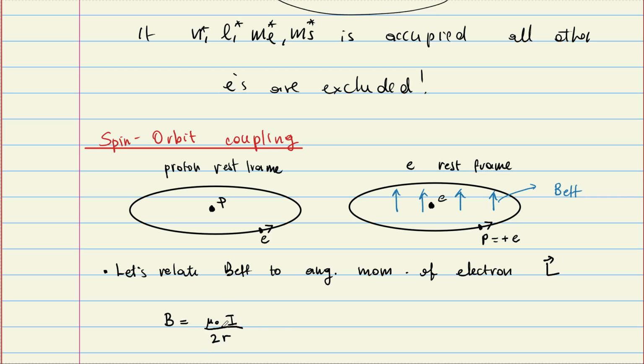If you don't remember, that's fine, you can just open your textbook, but that's the result. The current I is equal to, in this case, plus E, because it's the proton circling, divided by T. And T is 2 pi R over V, so this is E over 2 pi R divided by V. Then I can just plug this in here.